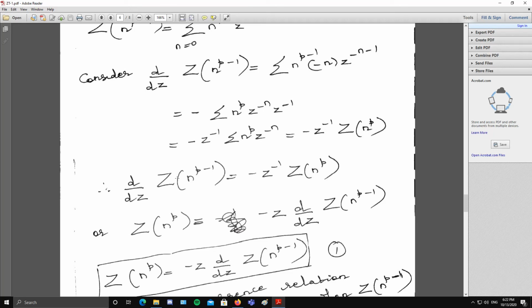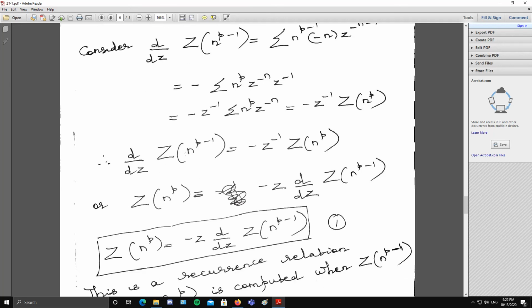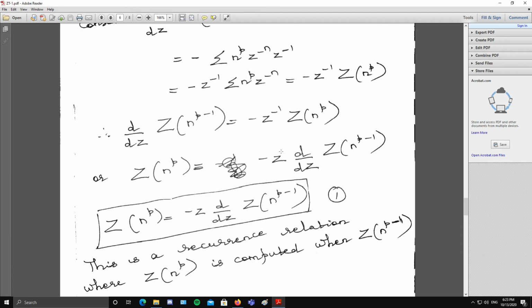So I have d by dz of the transform of n power p minus 1 as minus z inverse times the transform of n power p, or the transform of n power p is the same as minus z d by dz of the transform of n power p minus 1.